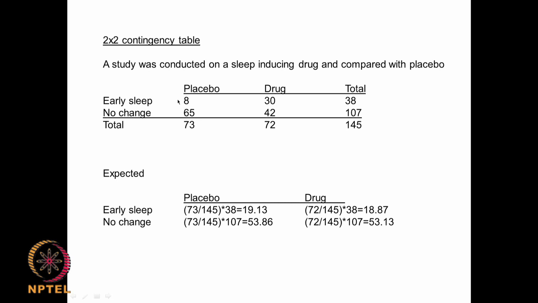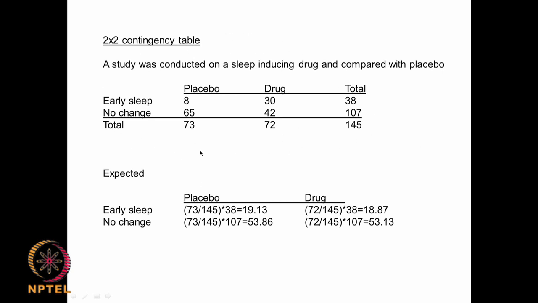So, in this problem, 8 of the people who took a placebo had an early sleep, but 65 of the people who took placebo said there is no change, and 30 of the 72 people who took the drug said they had slept early. 42 of the people who took the drug said there is no change. Okay, so we do not know anything about the expected, we know only about what is observed.